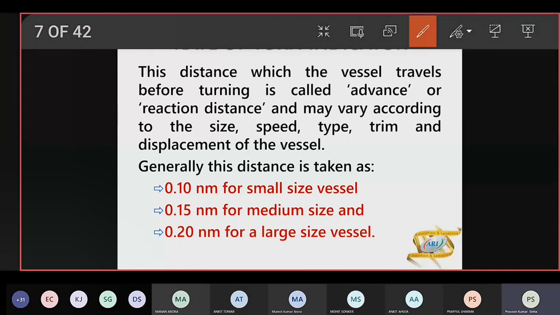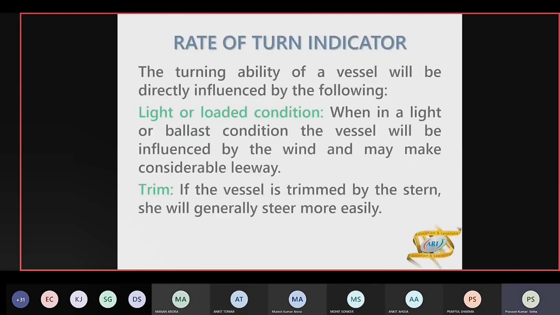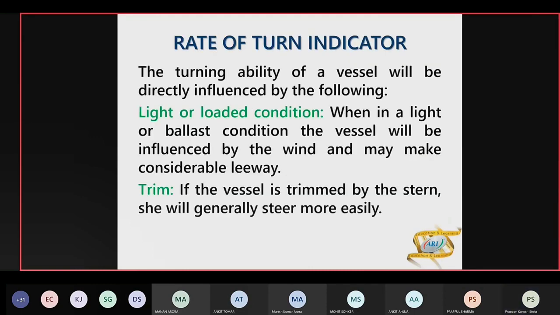this we are talking about F, the reaction distance. When not available, these are the values that can be safely taken. Next, what are the factors that will affect the turning ability of the ship?